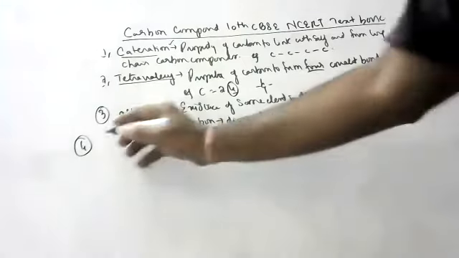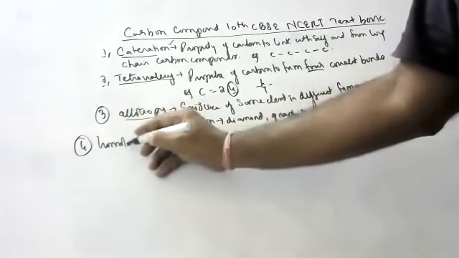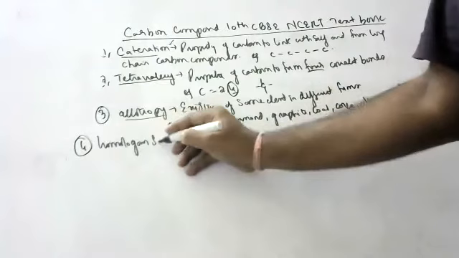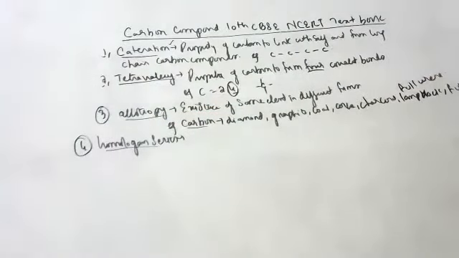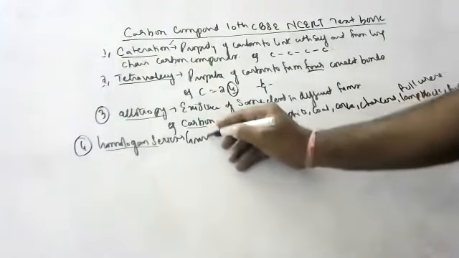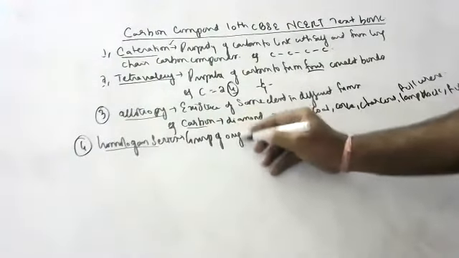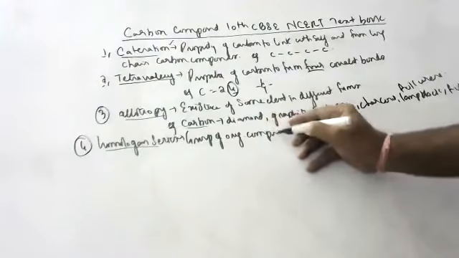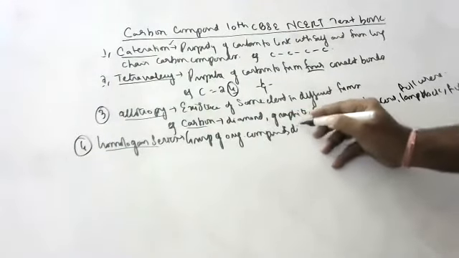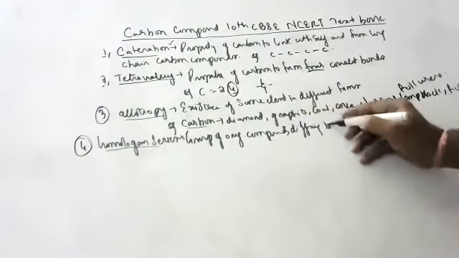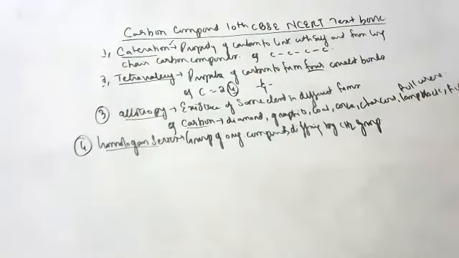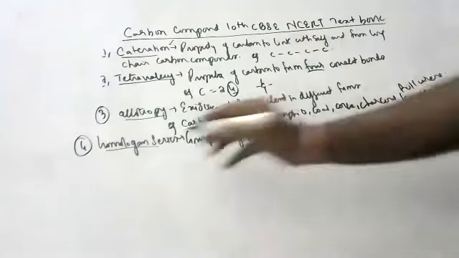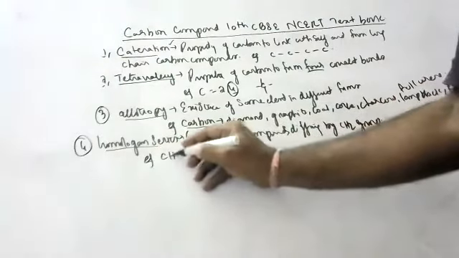Next one, homologous series. What is homologous series, children? A group of organic compounds differing by a CH2 group are called homologous series. Example: CH4 is methane.